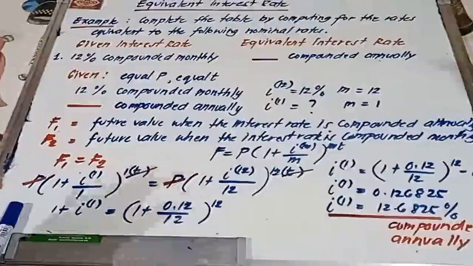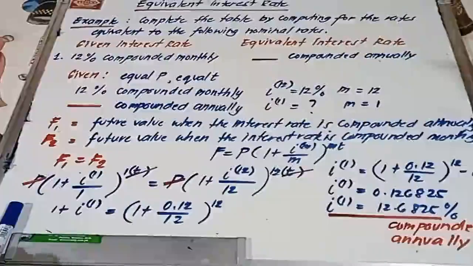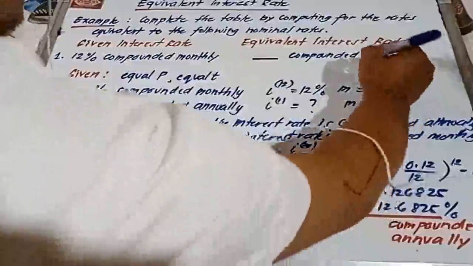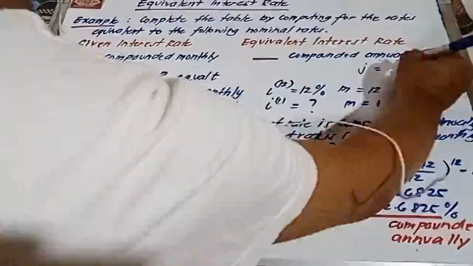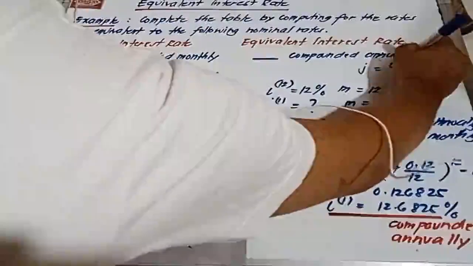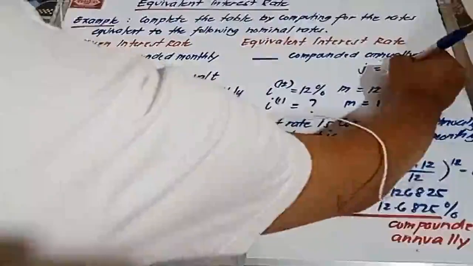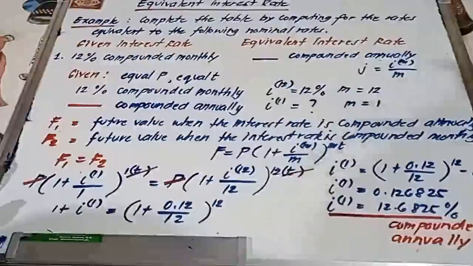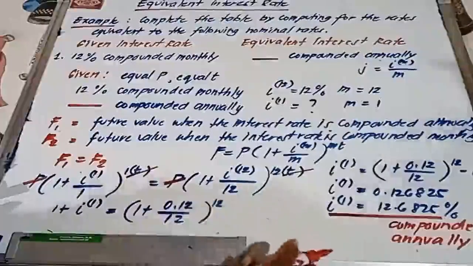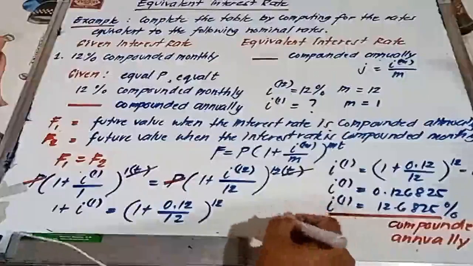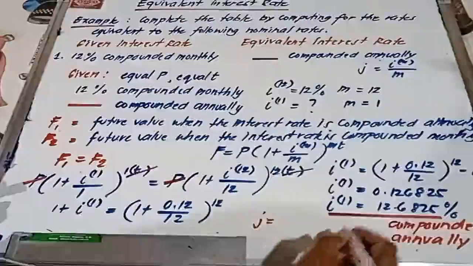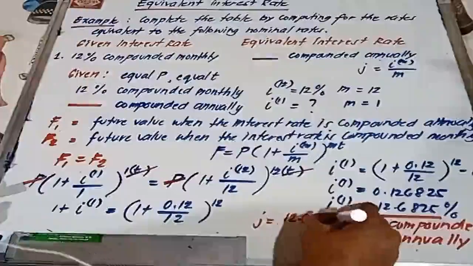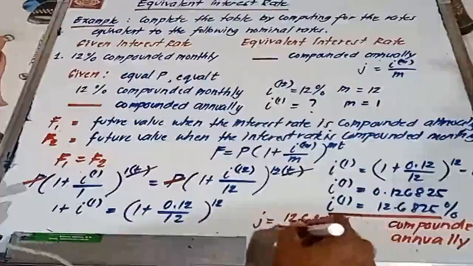Saan natin to gagamitin dun sa general ordinary annuity? Kailangan natin yung value ni J. Okay? Ang J natin is I over M. So, therefore, ang J natin dito, o equivalent interest rate per period is 12.6825% over 1.